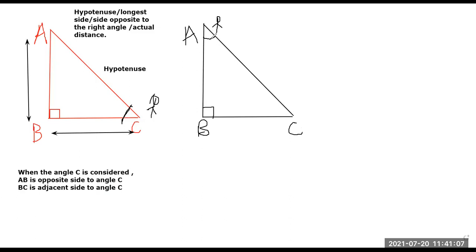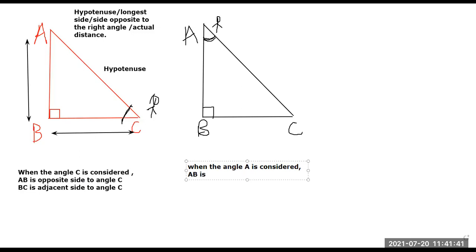So now the angle being considered is A. In this scenario, the names of AB and BC become exactly the opposite. Let us see how they change. When angle A is considered, what happens to AB?